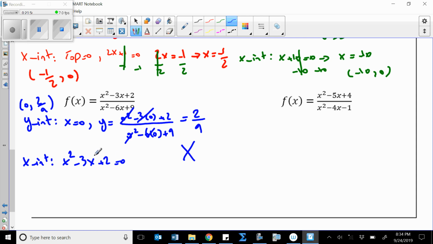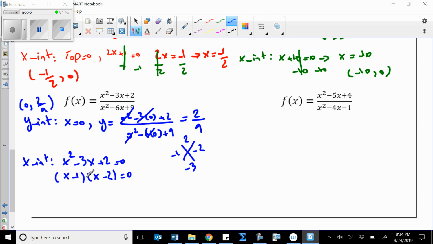On top goes a times c, which is 1 times 2 is 2. At the bottom goes the b value, which is negative 3. Two numbers that multiply to 2 and add up to negative 3 are negative 1 and negative 2. So the factored form is x minus 1 times x minus 2.